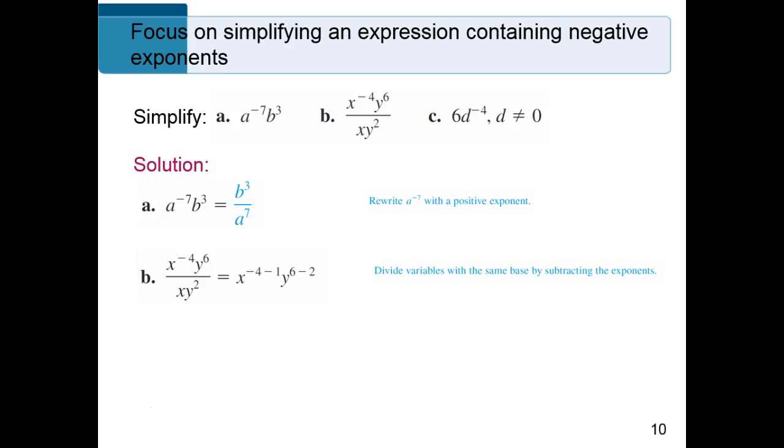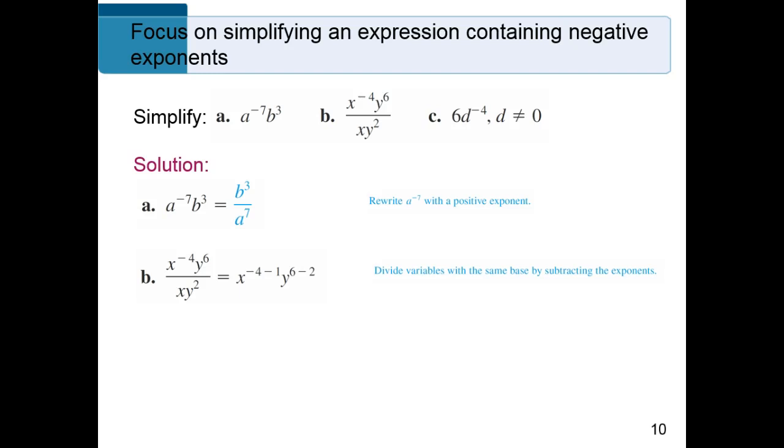So x to the minus 4 minus 1, because it's in the denominator. y to the 6 minus 2, because that one's in the denominator. Anytime you're dividing bases with the same base, different exponent, you keep the base and subtract the exponent. That's what they did here and there.